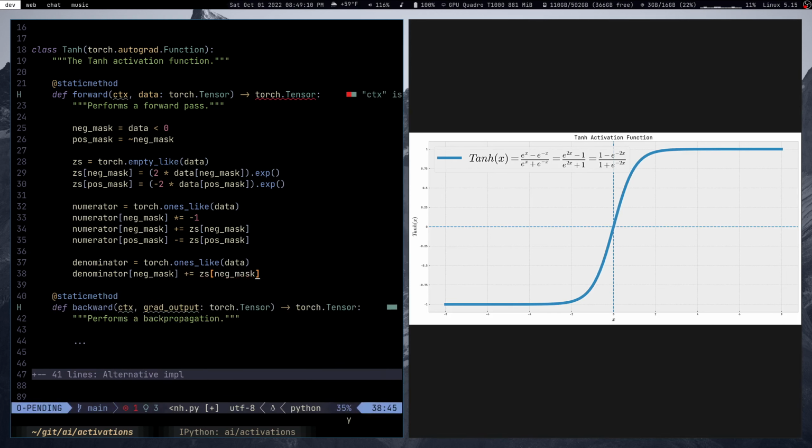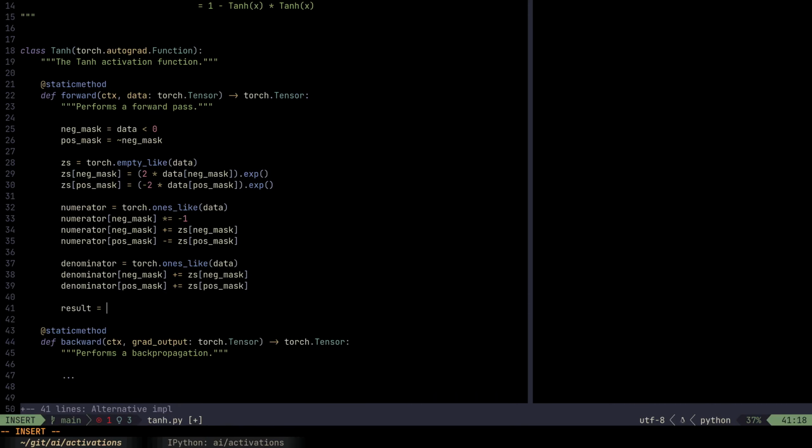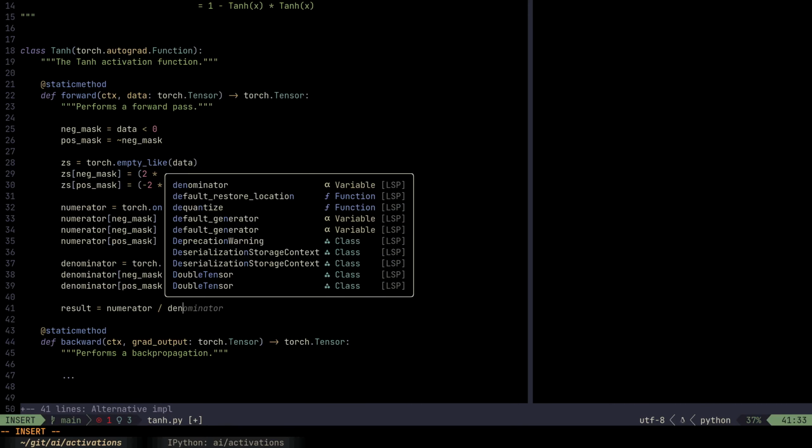And for the positive mask, we're just going to add z at the positive mask, because that's e to the power of minus 2x. So in one case we're adding e to the power of 2x, and in the second case we're adding e to the power of minus 2x. So we don't really need a multiplication by minus 1 or subtraction. We're adding in both cases. Now, finally, the result is going to be the numerator over the denominator. And then we just return the result.